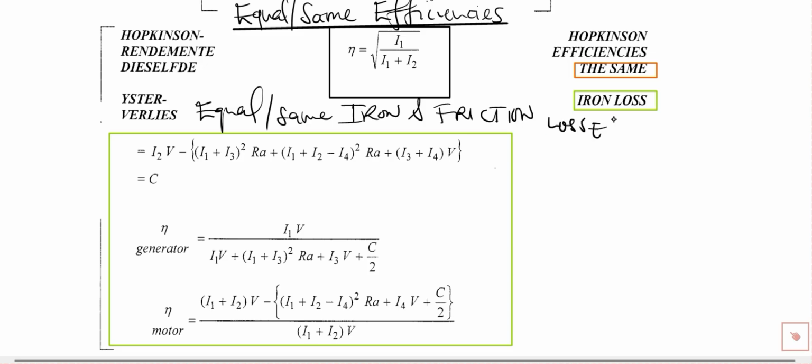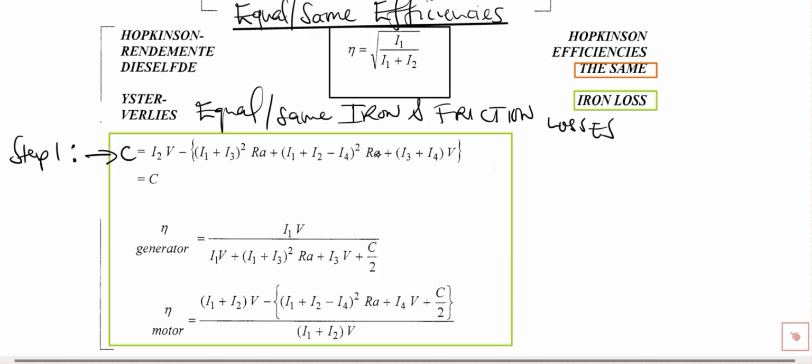Now, for this condition, the first step, always, depending on the machine, if it's a generator or a motor, is to calculate C. So this whole formula here refers to how to find C, where you'll substitute all those currents which we were discussing. The purpose of all of these is to assist us to find C.